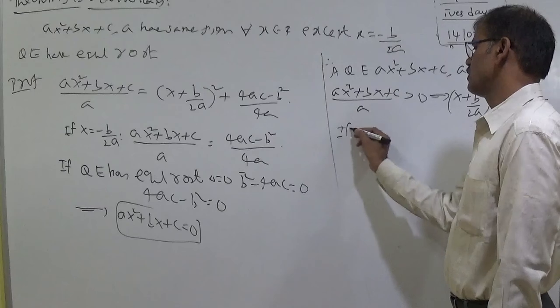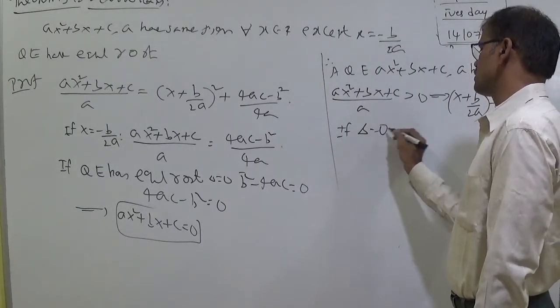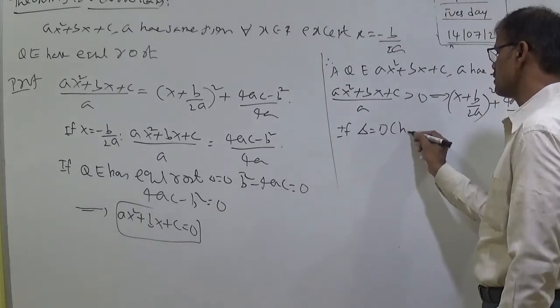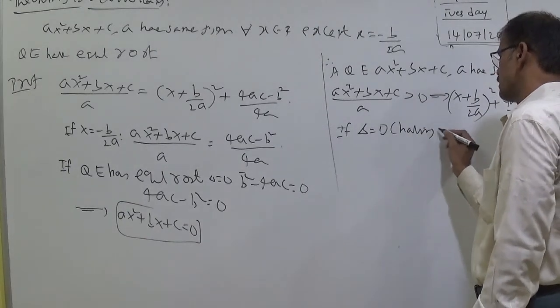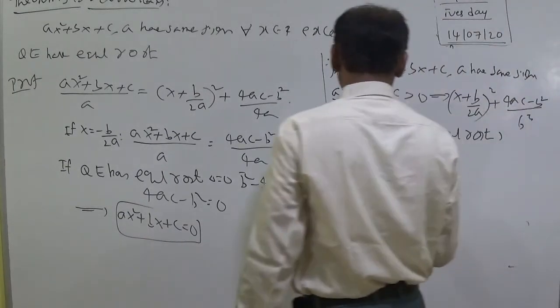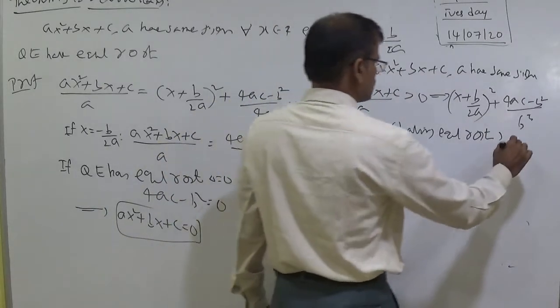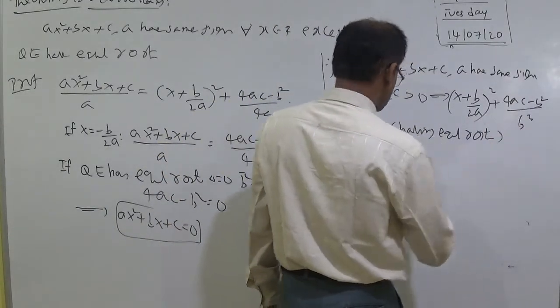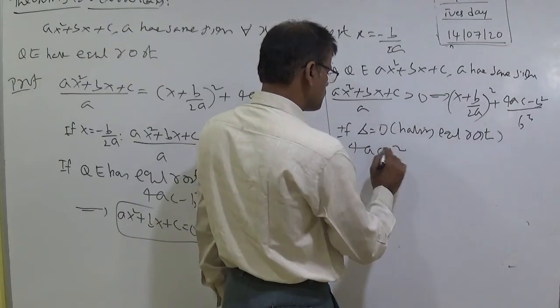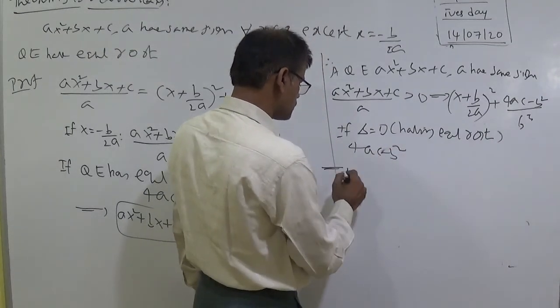If delta is equal to 0, delta equal to 0 means the quadratic equation has equal roots, that is 4ac minus b square becomes 0, or b square minus 4ac becomes 0.